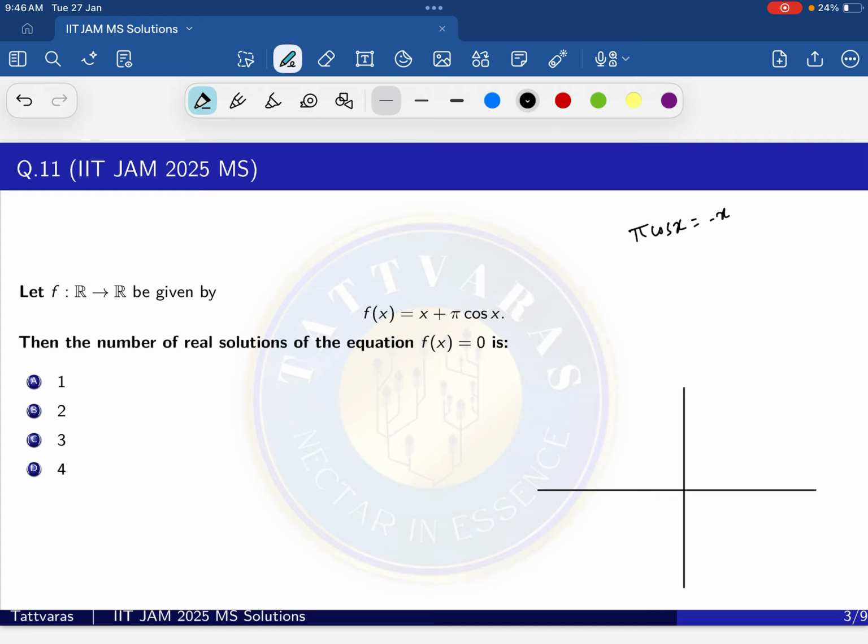Here pi cos x will take values from pi to -pi. So this will be the upper bound, and this is the lower bound, -pi. At x = 0, pi cos x will take the value pi, and this is how it will look.